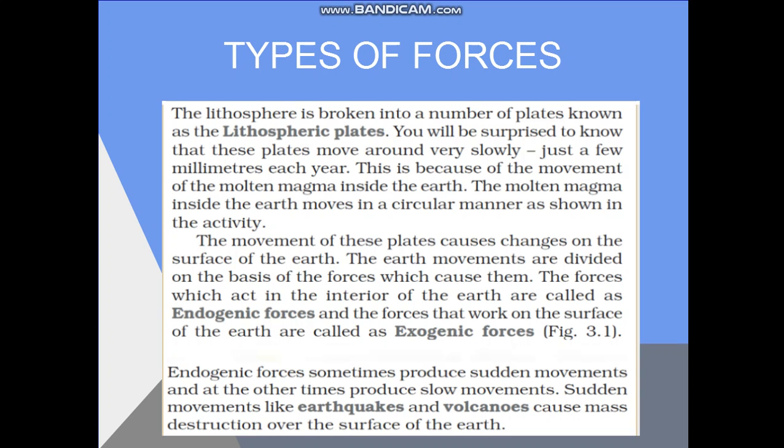The earth movements are divided on the basis of the forces which cause them. The forces which act on the interior of the earth are known as endogenic forces, and those which act on the exterior of the earth or on the earth's surface are known as exogenic forces.